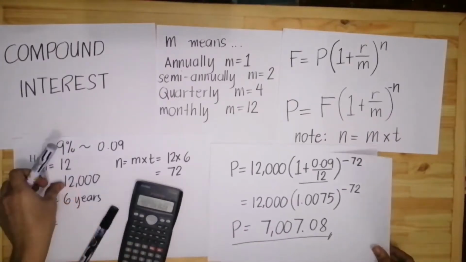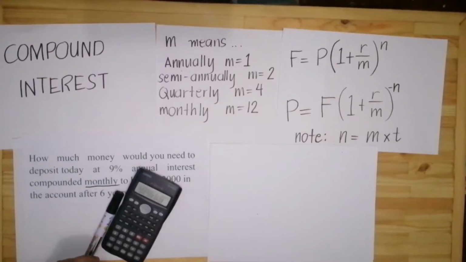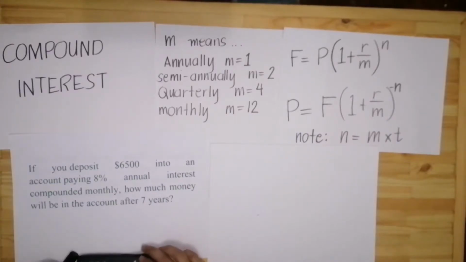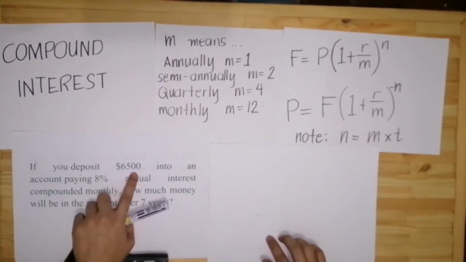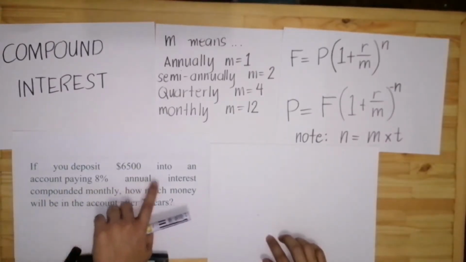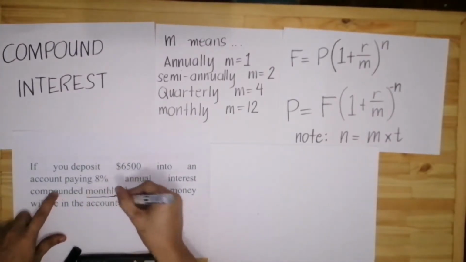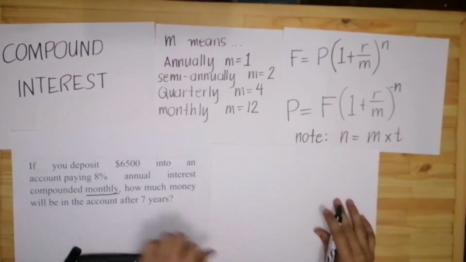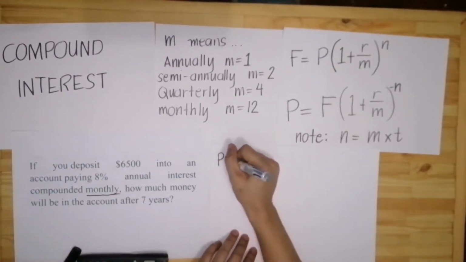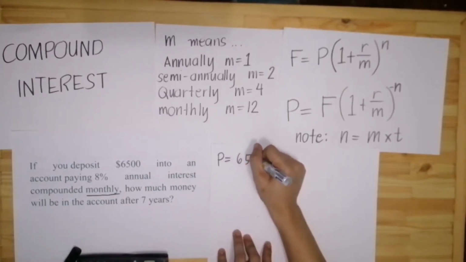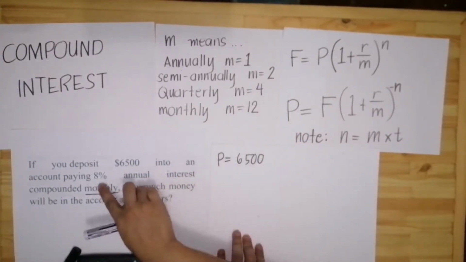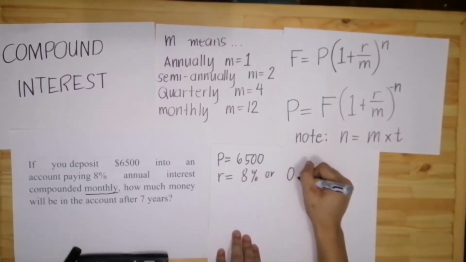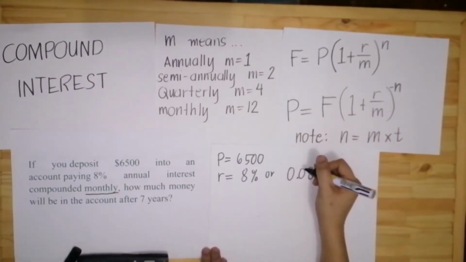Good. Next, let's have the third example that I have in here. Okay, if you deposit $6,500 into an account paying 8% annual interest, compounded monthly, again monthly, how much money will be in the account after 7 years? So what are the given again? If you deposit, so nag-deposit ka daw, yun yung P, 6,500. Next would be 8%, so rate is 8%, or 0.08 converted into decimal.